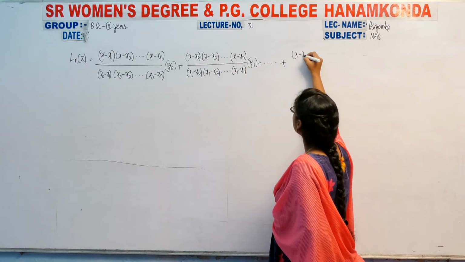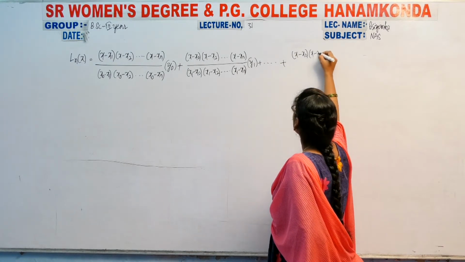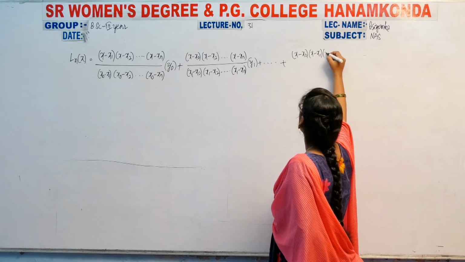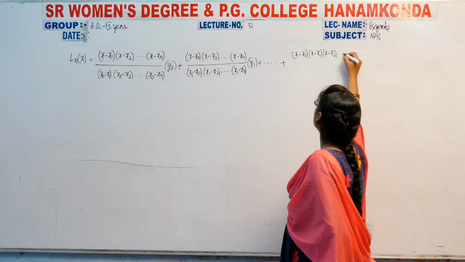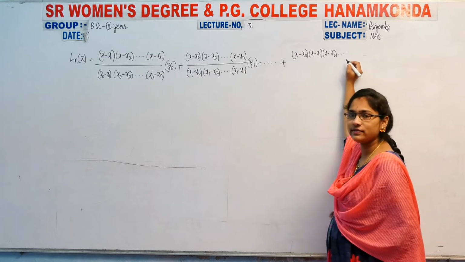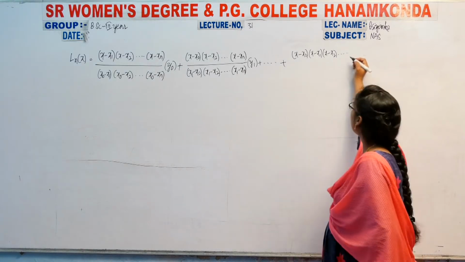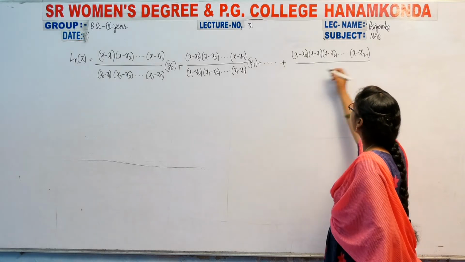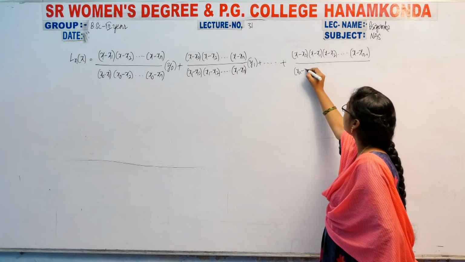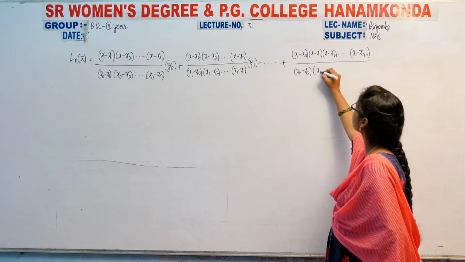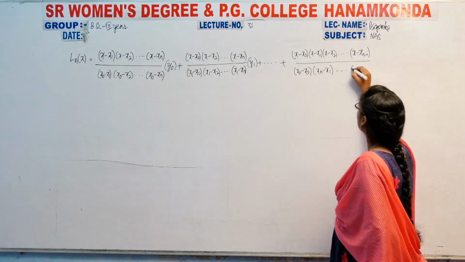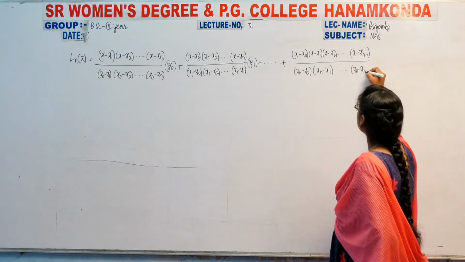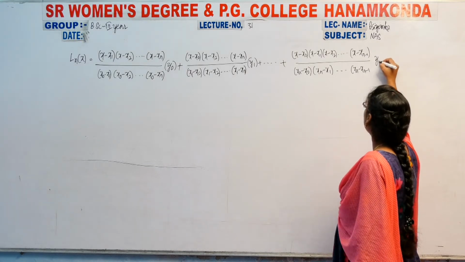Lastly, x minus x naught, x minus x1, x minus x2, and so on. We consider up to xn, that means x minus xn minus 1, and here xn minus x naught, xn minus 1, into yn.